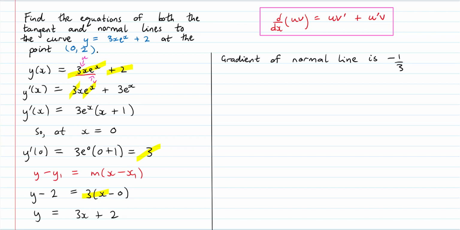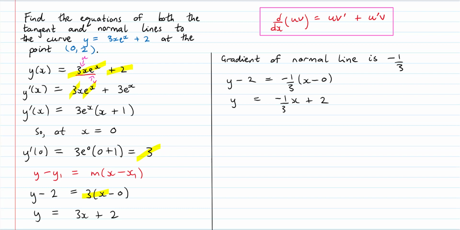So the equation of the normal line to the curve at the point 0, 2 is y minus 2 is equal to negative 1 over 3 times x minus 0, so y is equal to negative 1 over 3 x plus 2.